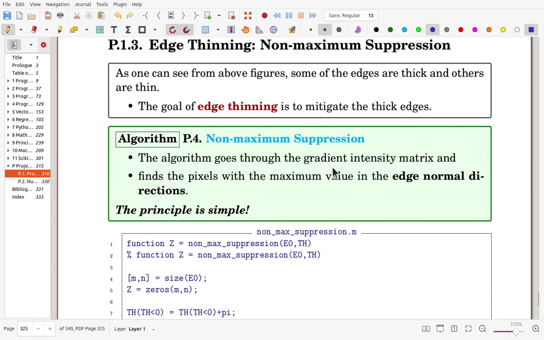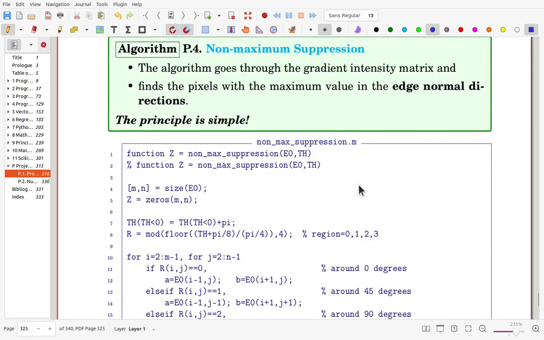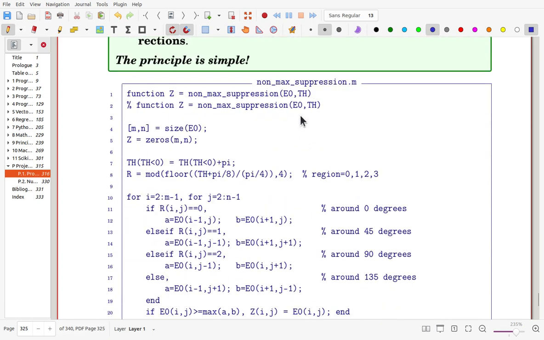Here the algorithm goes through the gradient intensity matrix and finds the pixel with the maximum value in the edge normal directions. The principle is quite simple. This has gradient intensity information, and this is angle information. Once the angle is negative, we add pi.